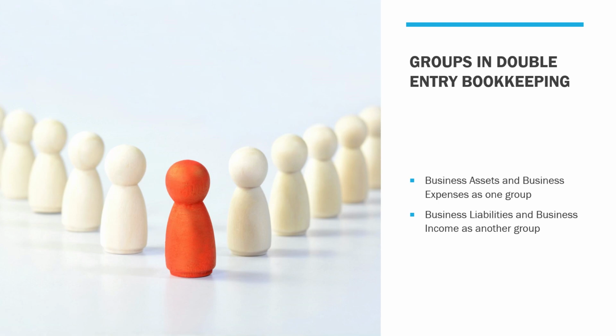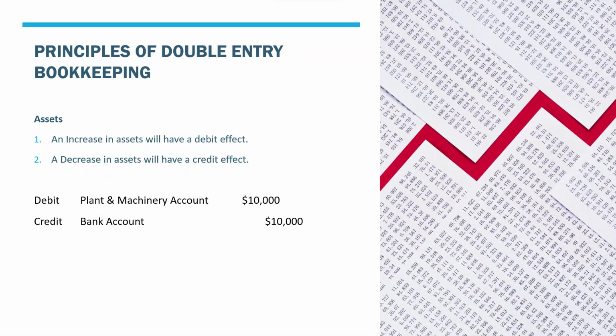To put it differently, assets and expenses are treated as opposite to liabilities and revenues of a business for double entry bookkeeping principles. Based on this accounting convention, there are 8 principles of double entry bookkeeping that every student of accounting must remember. For better comprehension, I have divided these 8 principles into 4 broad categories.